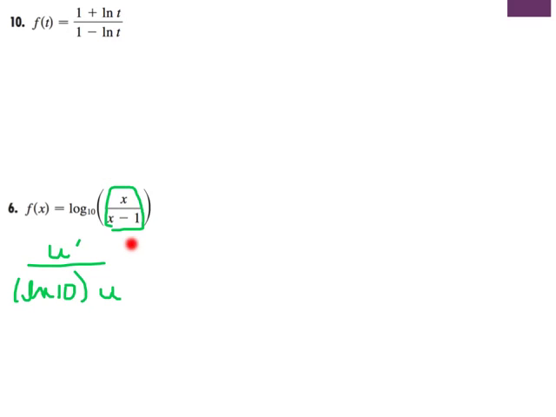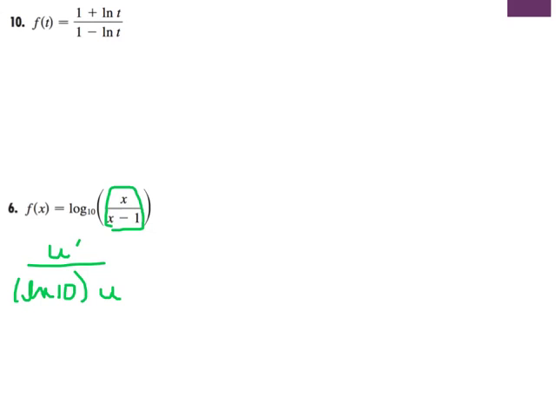Look at your u. First off, your u, x over x minus 1, is going to be in the denominator of a fraction, and then your u prime is going to be a quotient rule. So pause this if you need to, because you really want to try to get this answer yourself, and then you'll never forget it. What would be a better way, or something else that you can do first before you start to find the derivative so we can avoid that complex fraction and quotient rule?